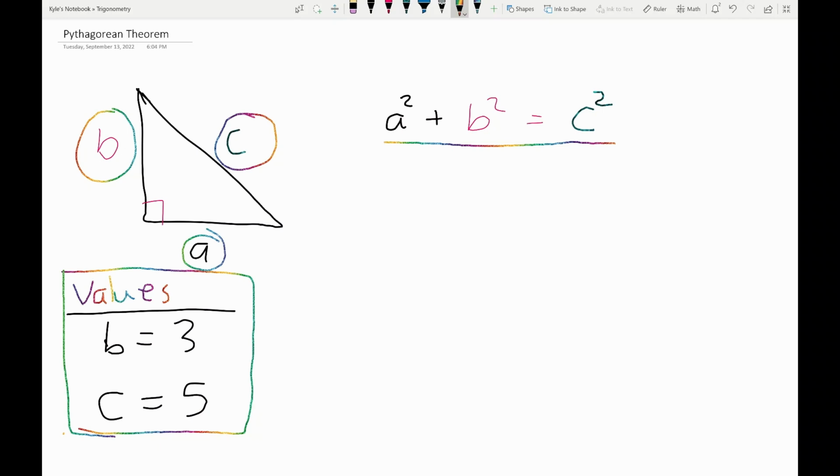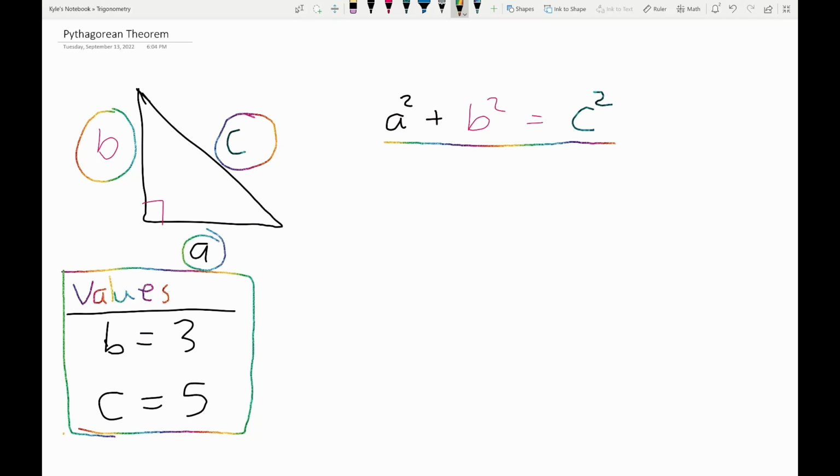Sometimes in math, you're given two pieces of information, and that third piece in the right triangle, which you can't find, you may be able to find using the Pythagorean theorem or other trigonometric techniques. But we're going to keep it easy breezy for now.